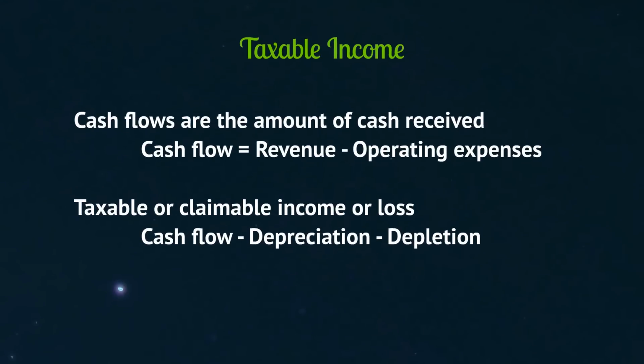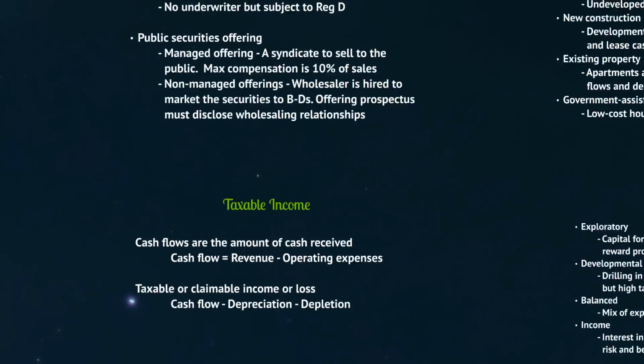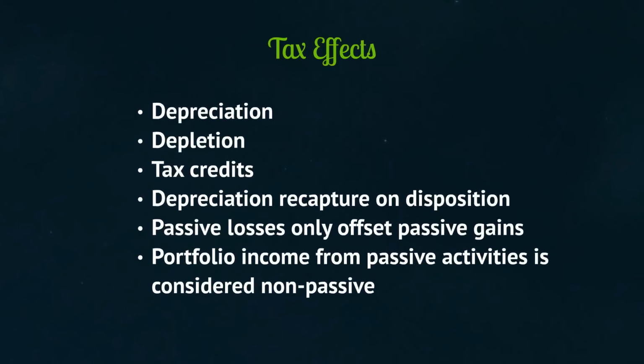And one important feature to note is when you see the financials of the investment structure, they may talk about the cash flow, the revenue minus operating expenses, but this may be very different from the taxable or claimable income or loss that you as the investor might show on your taxes. There's depreciation and depletion, which change the cash flow into a taxable income or loss. And then there's these other adjustments as well.